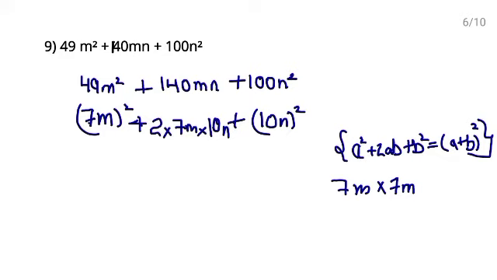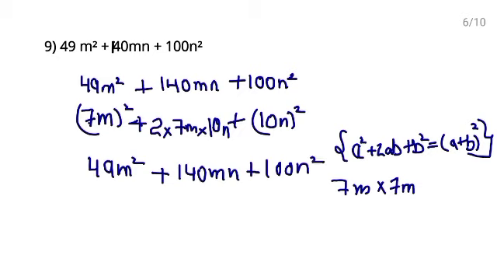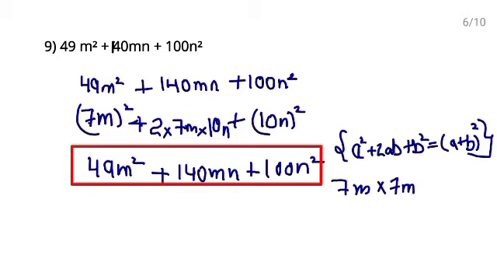So let's calculate it. 7 sevens are 49m square, 10 sevens are 70, multiplied by 2 is 140mn plus 100n square, right? This is equal to the given polynomial, right?